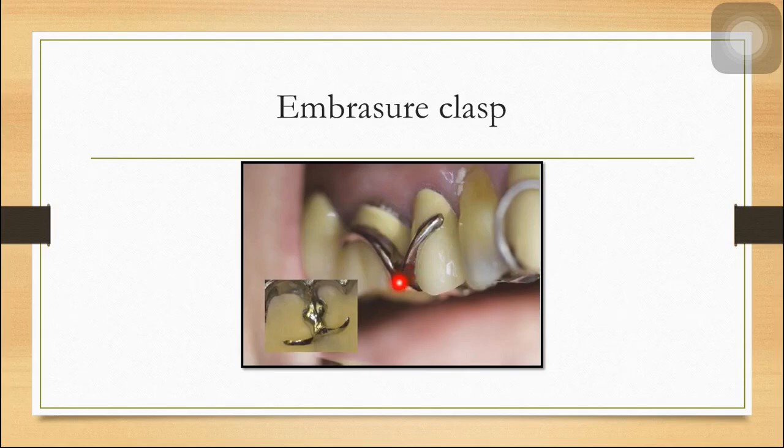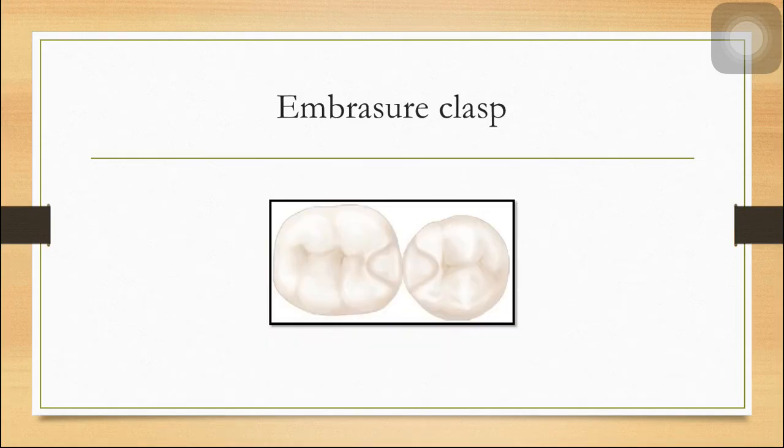Two rests are provided on both the teeth, interproximal rests for better support, and then from these rests two retentive clasp arms originate over the two adjacent teeth. Here you can see that one mesial and one distal occlusal rest has been provided, and from this two retentive arms will be provided on both these abutment teeth.